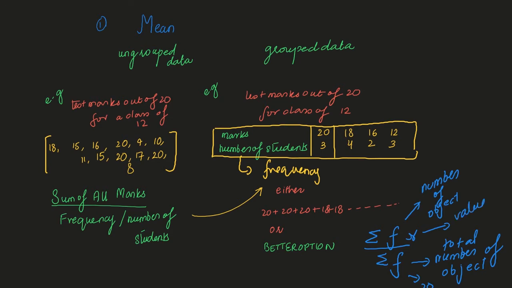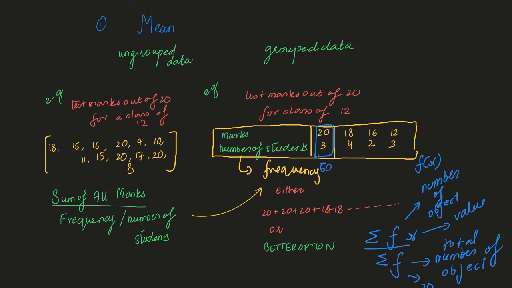So for example, if we have to find the fx for this grouped data that we have in the question, if you make another row for this, it will be 20 times 3, which is 60.